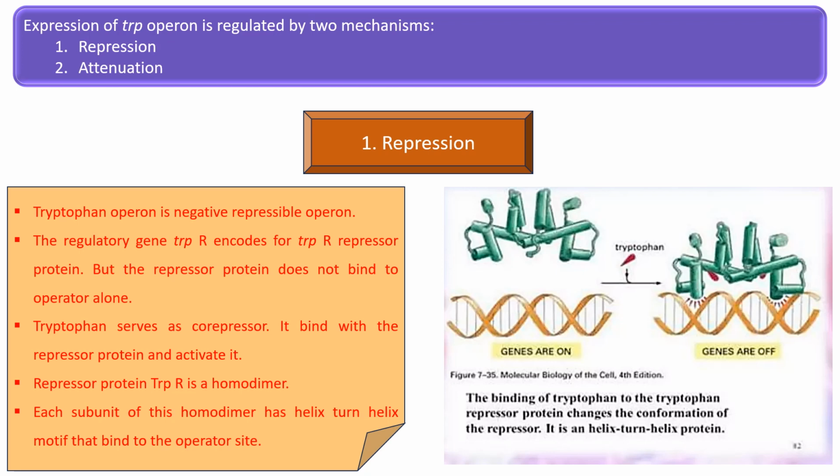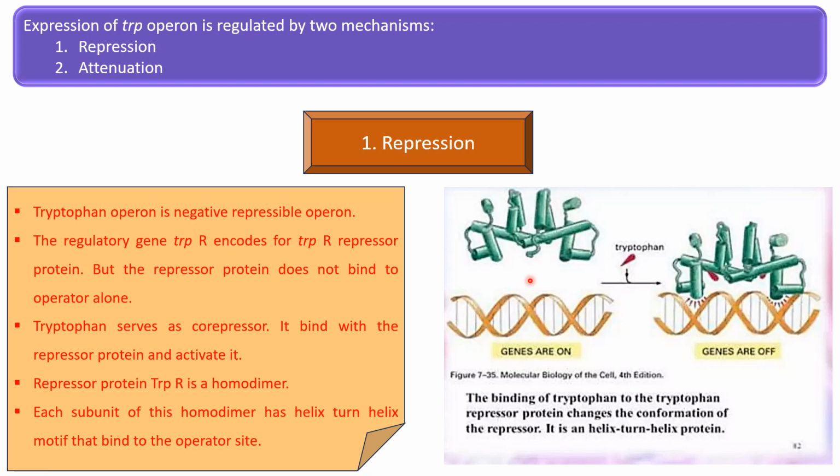There is a regulatory gene trpR which encodes a repressor protein, that is the TrpR protein. This is a homodimer having two subunits. Each subunit is made up of helix-turn-helix motifs like this. This can bind to the operator region of the tryptophan operon, but it cannot bind on its own.